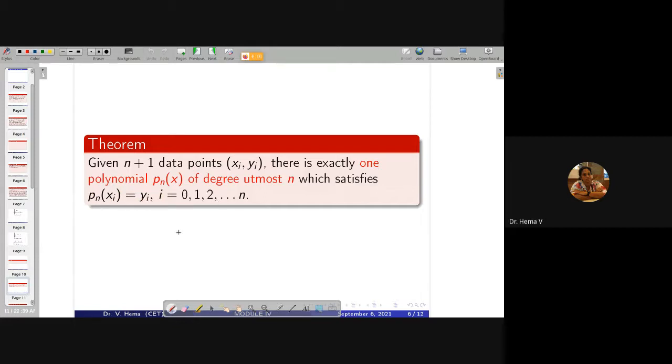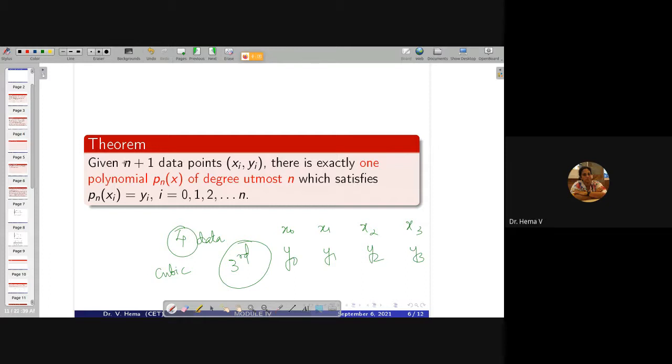Suppose you have 4 data values with you, x0, x1, x2, x3, and correspondingly y values y0, y1, y2, y3. So there are a total of 4 data points. According to this theorem, the resultant polynomial will be a cubic polynomial, a third degree polynomial. The order will be 1 less than the number of data points. That should be remembered. You have to keep this in your mind.